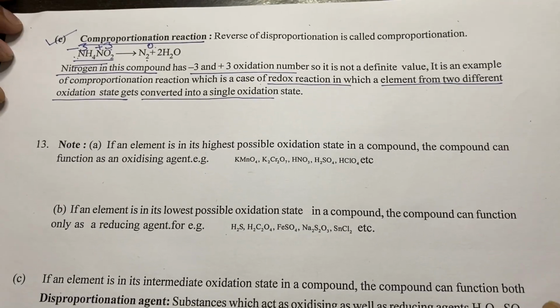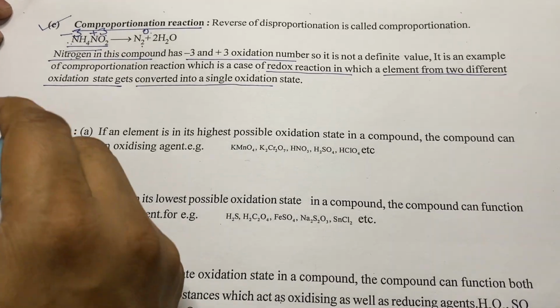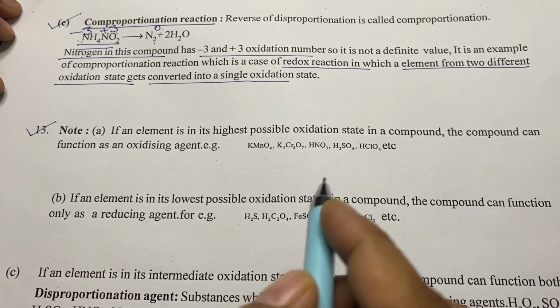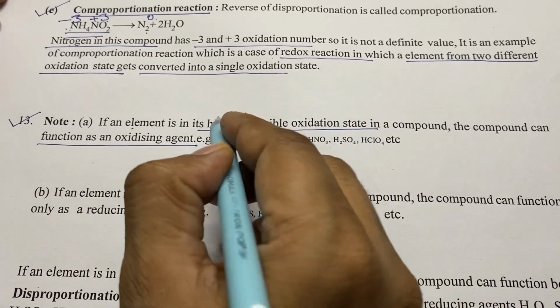Now this is to be noted that we can have the range of the oxidation number, so it is much easier to identify the oxidizing agent. For example, all the oxidizing agents are present in the highest possible oxidation state.